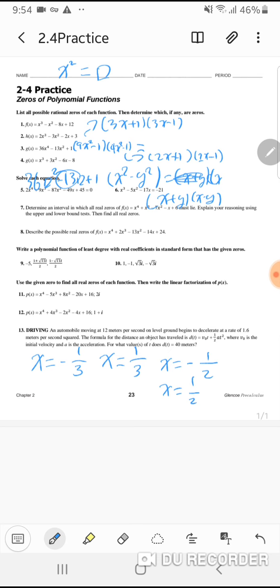Okay? And I have these possible rational zeros written down in front of me, and these zeros were all one of the possible rational zeros, so that means that I did the right calculation.